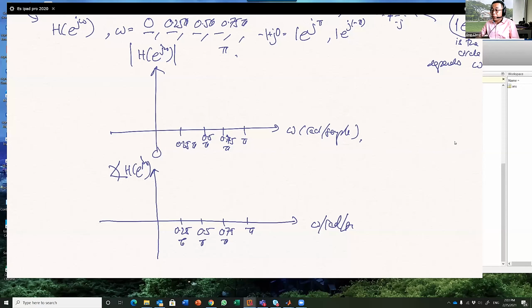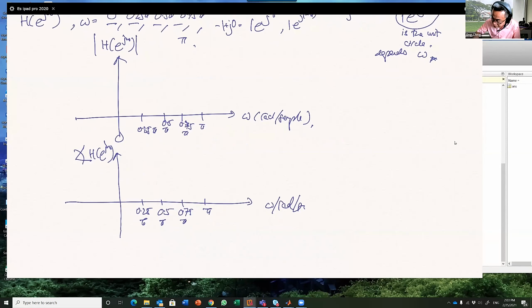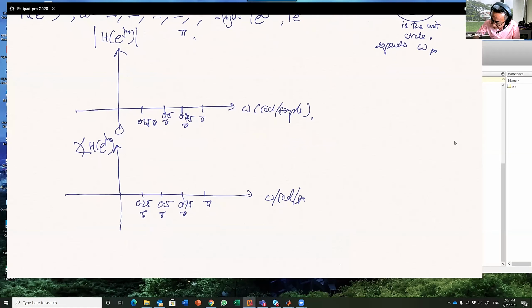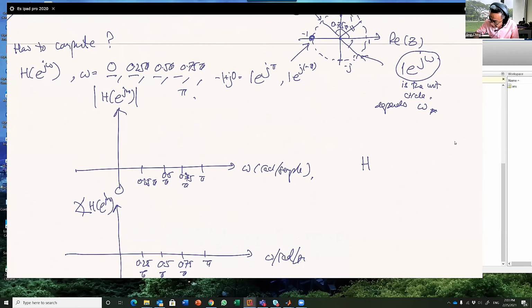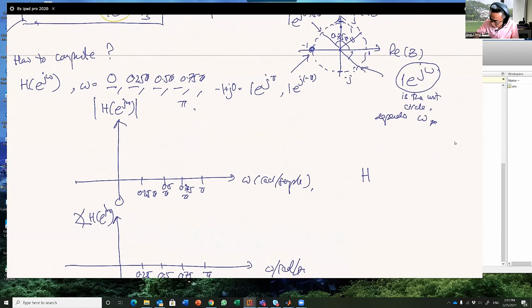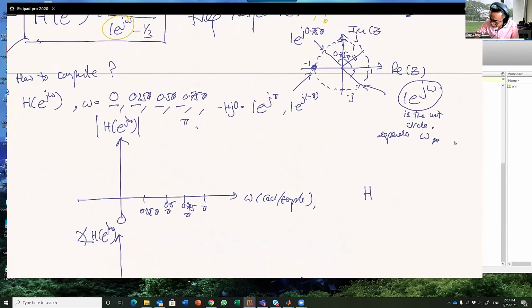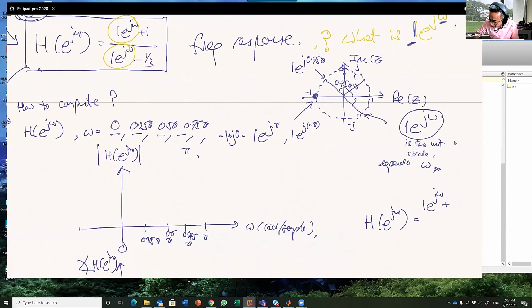Okay, can we compute the first one together? We have H(e^jω) equals e^jω plus 1 over e^jω minus 1/3. Now let ω equal 0.